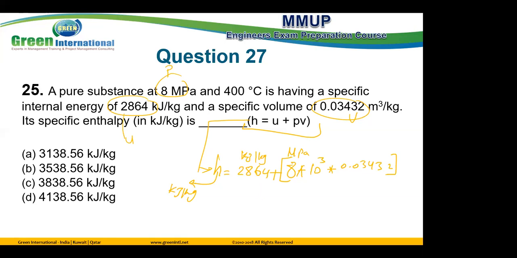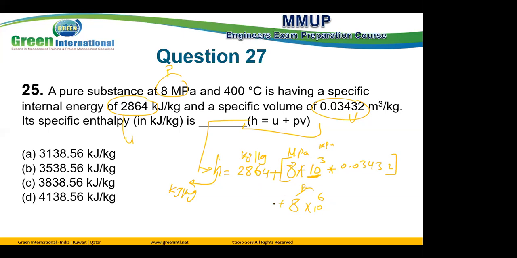Megapascal we convert to pascals, right? Multiplying by 10 to the power 3 gives kilopascal. If you multiply by 10 to the power 6, it is Pascal.